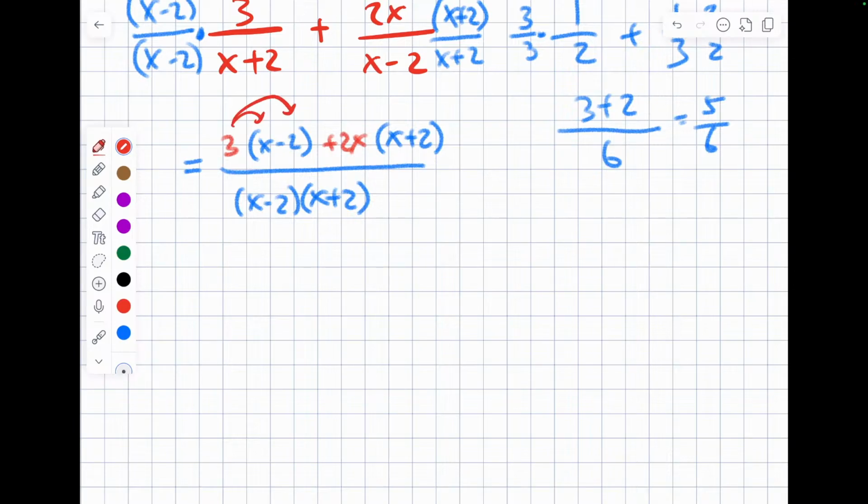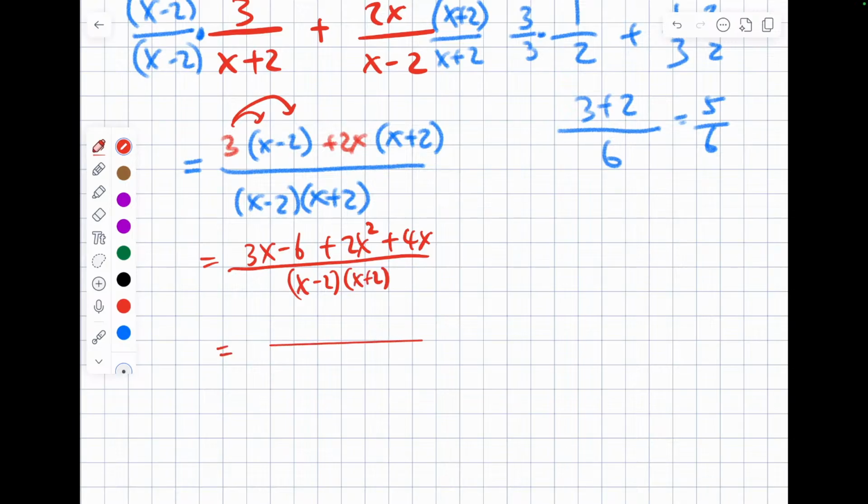So that's going to be 3x minus 6 plus 2x squared plus 4x. And then you may organize a little bit. You don't have to FOIL the bottom. You can keep it in factored form because it's much more beneficial to have factored form. So it's going to be 2x squared, I'll write in descending order, plus 7x minus 6. And that should be the correct answer.